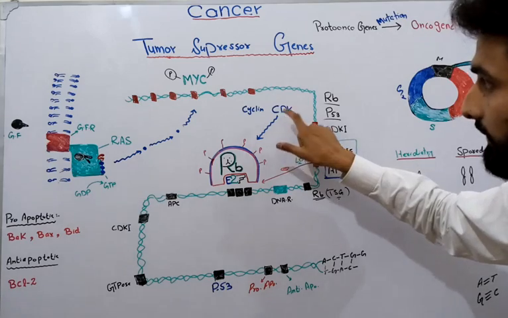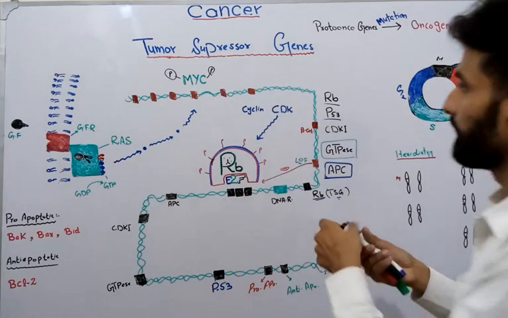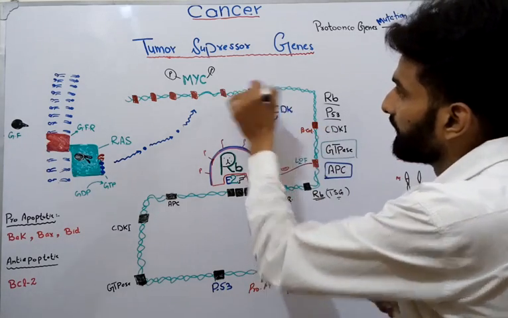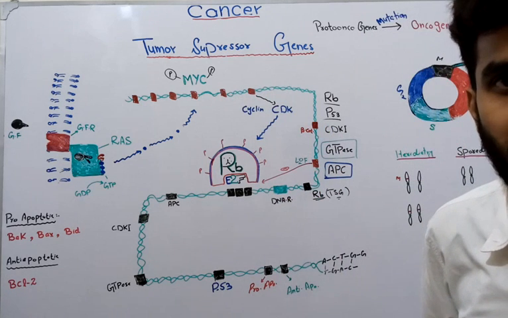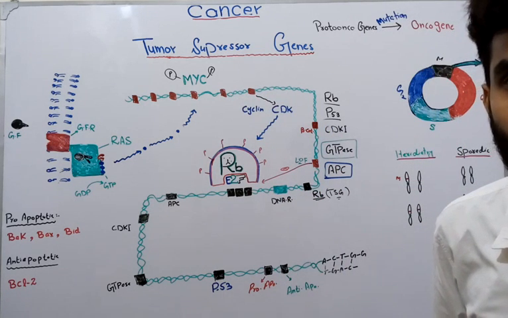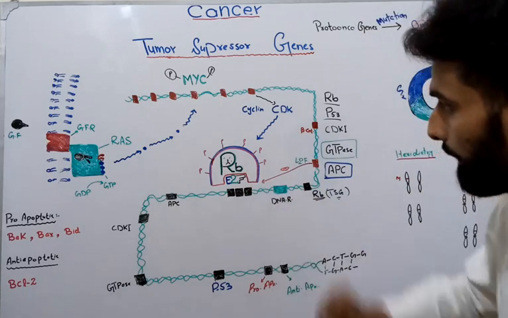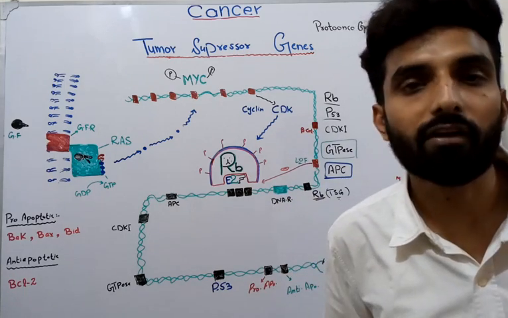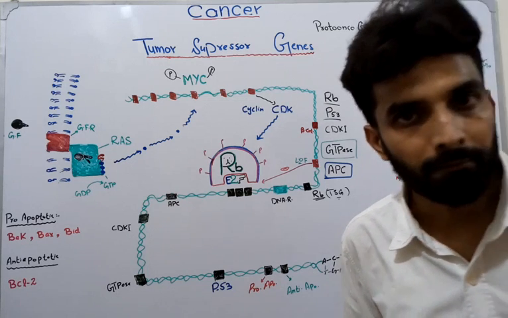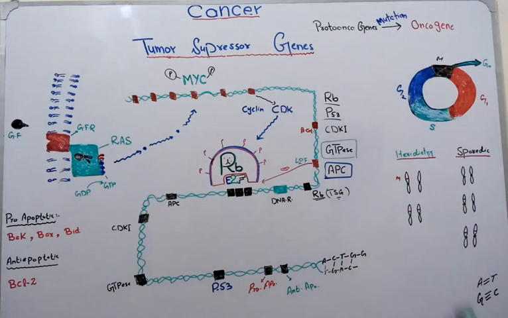So these are the genes of CDK. These CDK genes are proto-oncogenes, because they are stimulating the proliferation of cells, while the RB gene is inhibiting the proliferation of cells. Clear? Now, assume that there is a mutation.